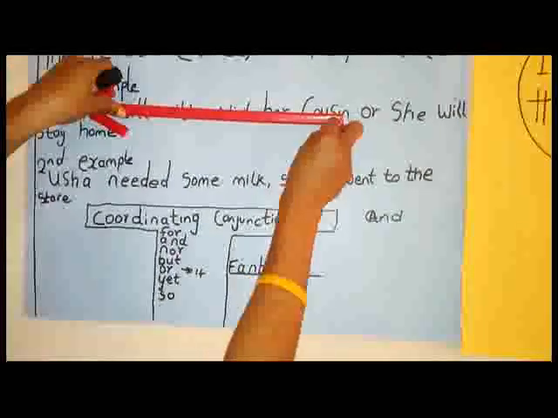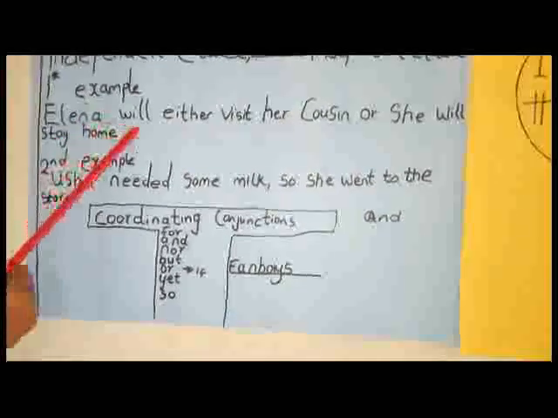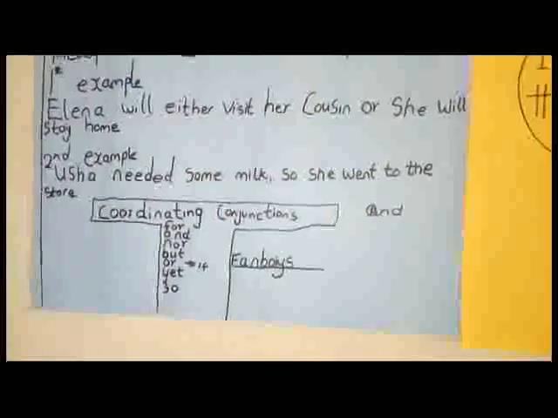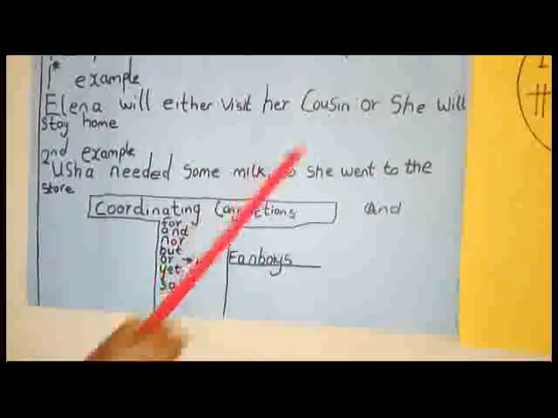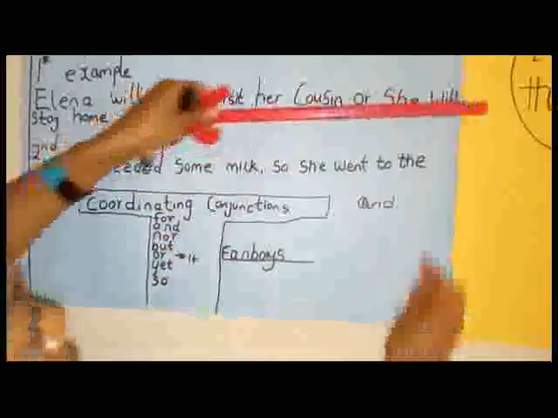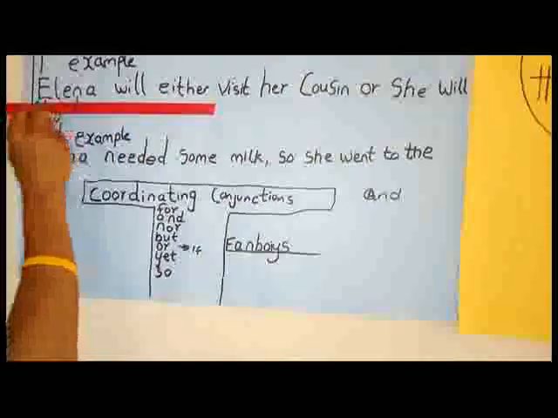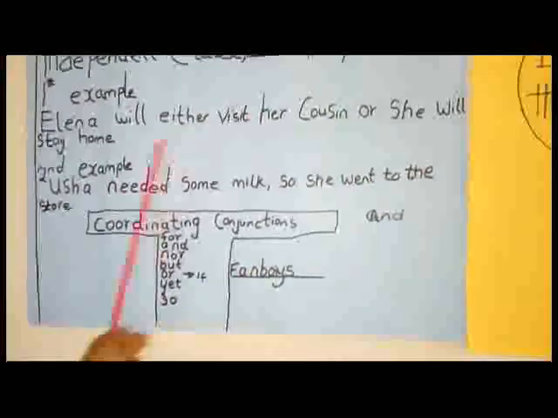Okay, that is an independent clause. That's a simple sentence that can stand on its own. Or is a conjunction. She will stay home. Another independent clause. She will stay home.